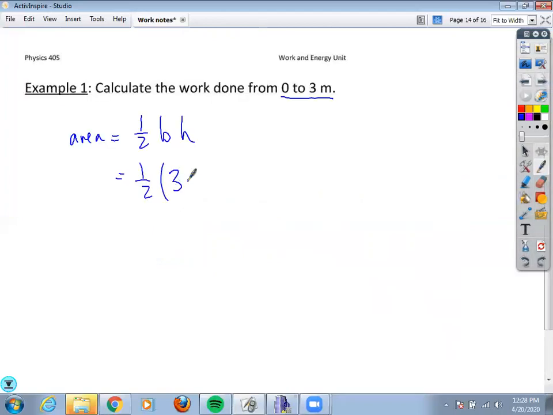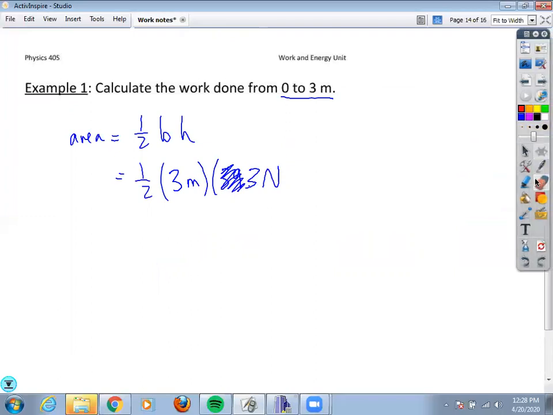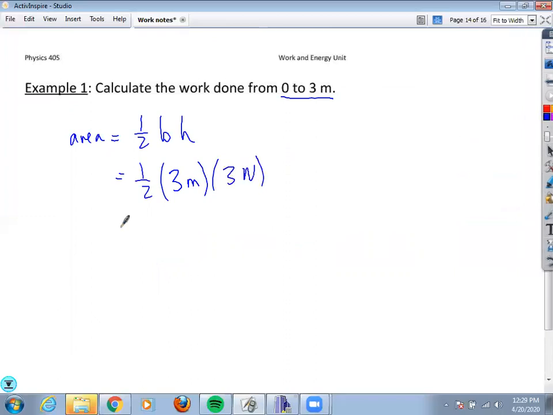So 3 meters times 3 newtons. That'll be 1/2 times 9 Newton meters, which would be positive 4.5 joules. So positive 4.5 joules of work were done from 0 to 3 meters when that object slid that distance.